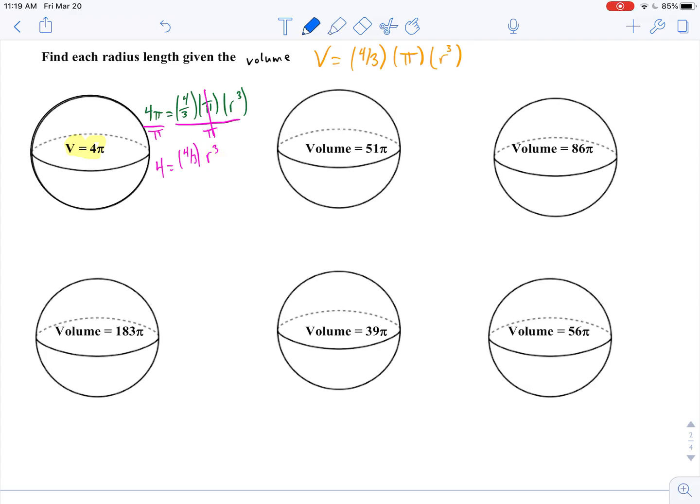And then we said, well, I'm trying to get the r cubed by itself, so what needs to go? What needs to be divided from this side? So 4/3 needs to go away, so I can do the opposite of multiplying by 4/3. I can divide by 4/3.